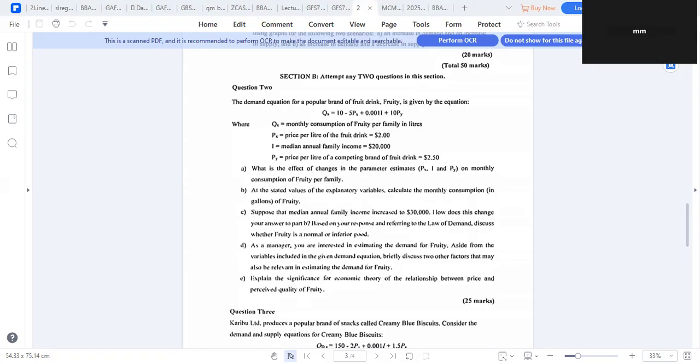The first part of the question is asking us, number one, what is the effect of the changes in the parameters px, the income, and py on monthly consumption for fruity per family. So in short, what is the quantity? So how do you find the quantity of fruity juice?